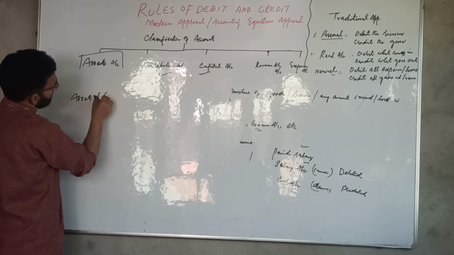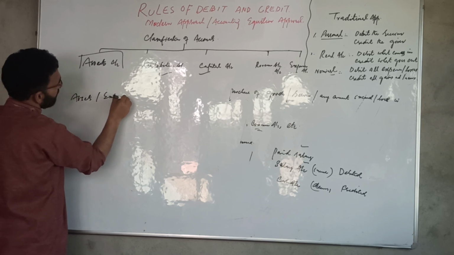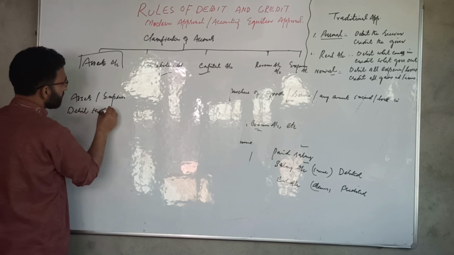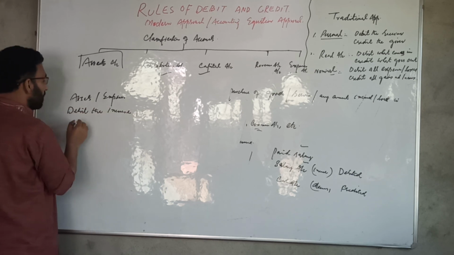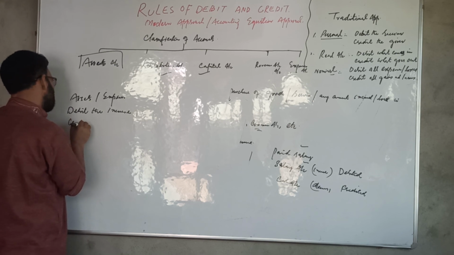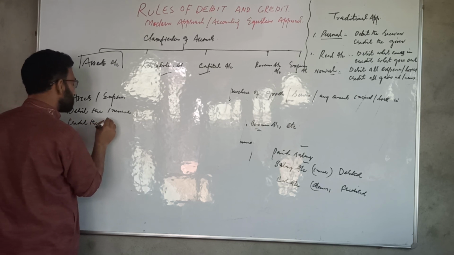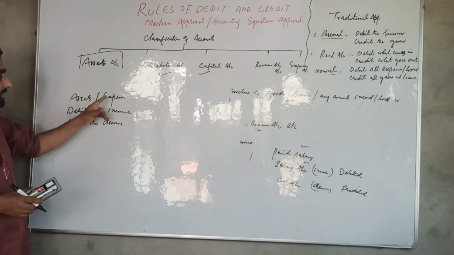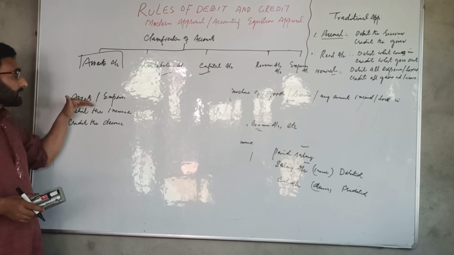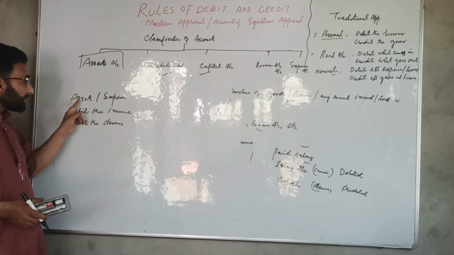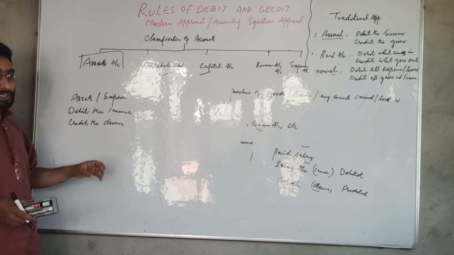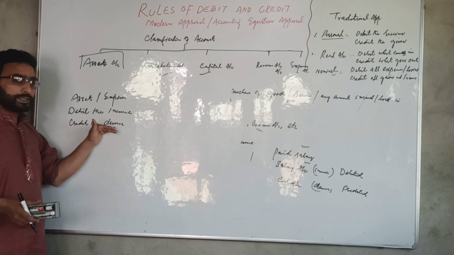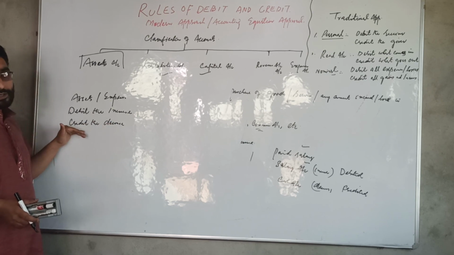Assets and expenses: debit the increase, credit the decrease. When there is any increase in assets and expenses, the assets and expenses accounts are debited. When there is a decrease in these two accounts, they are credited.